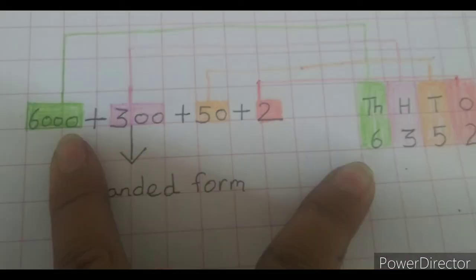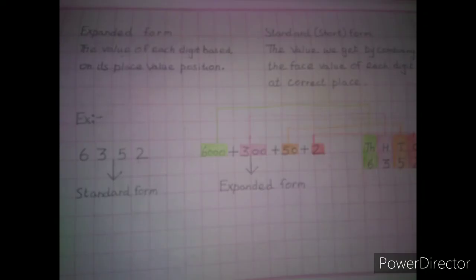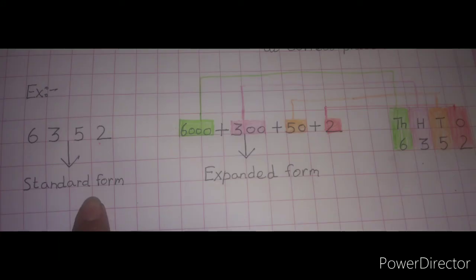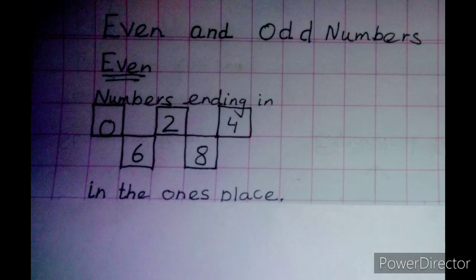So we will write 6000 plus 300 plus 50 plus 2. And in the standard form or the short form, we will write it as 6352. The digit itself we have to write in the standard form. Clear?